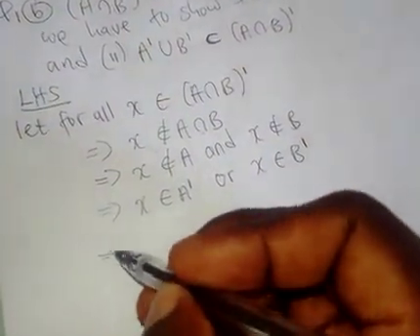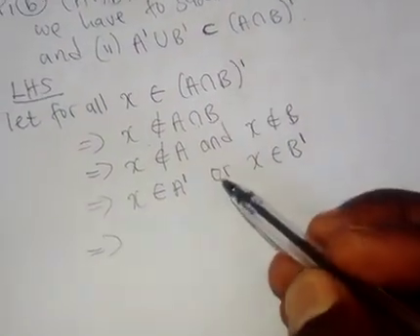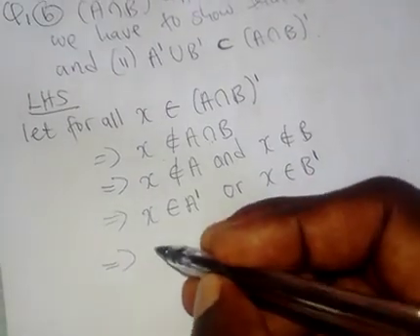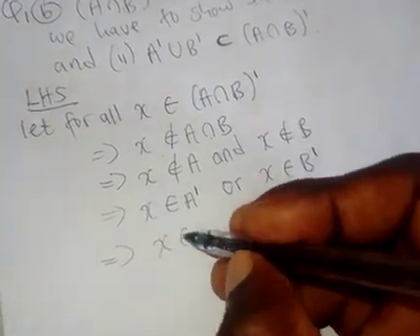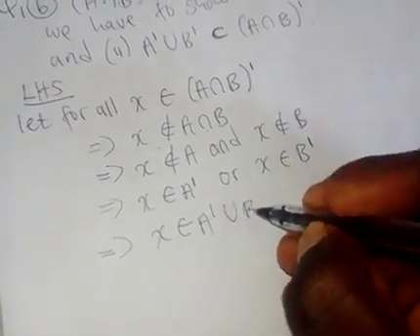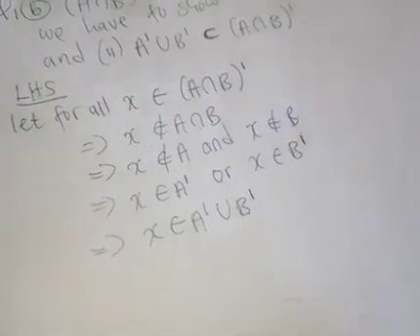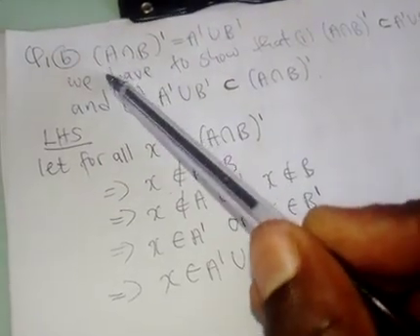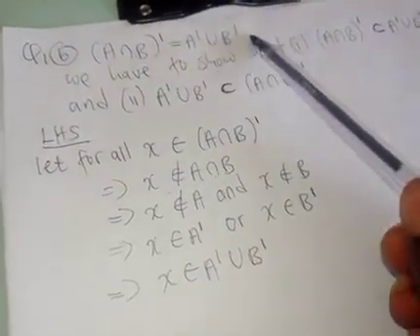Okay, then let's combine them. Since we have or, we combine them using union. So this will mean x is a member of A complement union B complement, like that. Okay, then as you can see, we have moved from left hand side to right hand side.